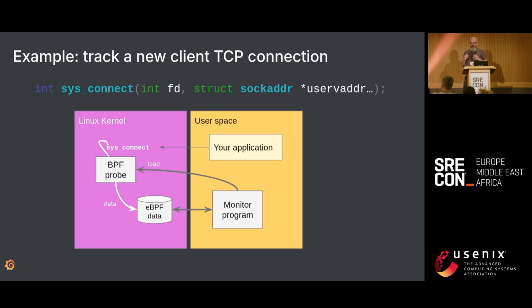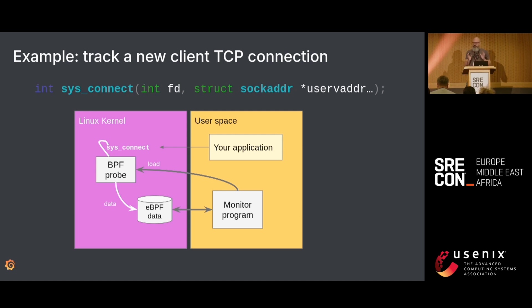So the probe is going to do something. It can calculate something, and it's going to store it in what we call BPF maps, which is basically some sort of ring buffer which stores data, and the monitor program is going to be able to read that data from the ring buffer.